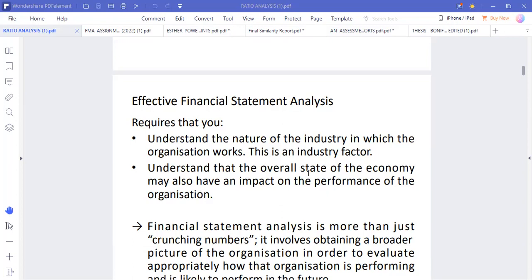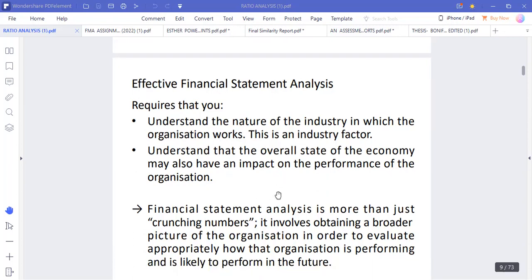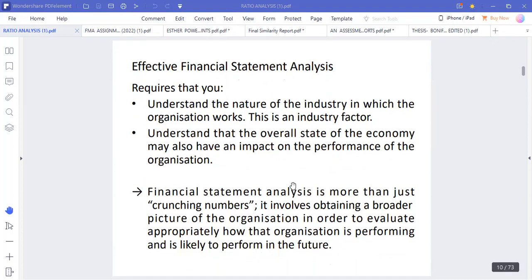Then also we need to understand the average performance of the economy as a whole and how it will impact this particular industry. So financial statement analysis is not just about numbers. It is also giving you a broader picture of how the organization is placed in order to evaluate how it's performing, as well as how it's likely to perform in future.